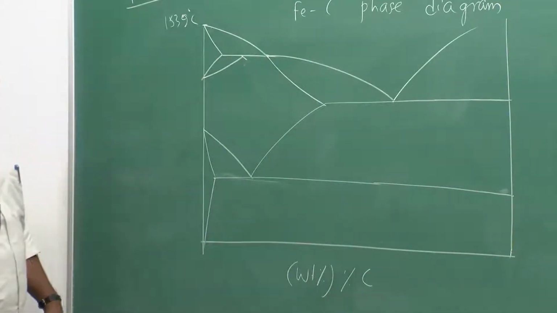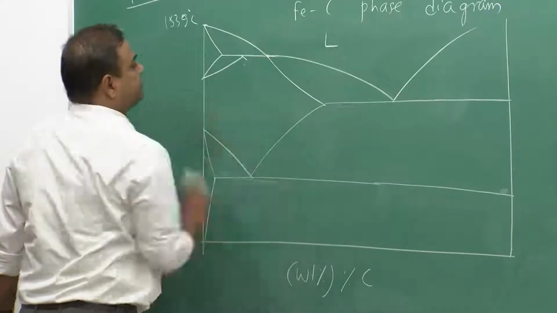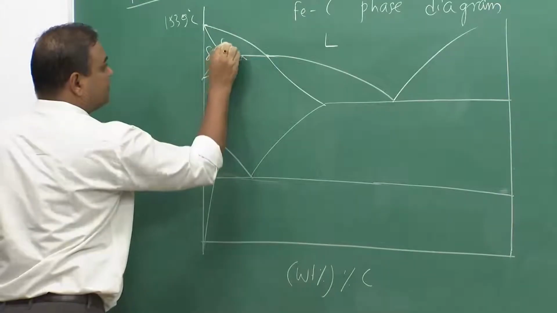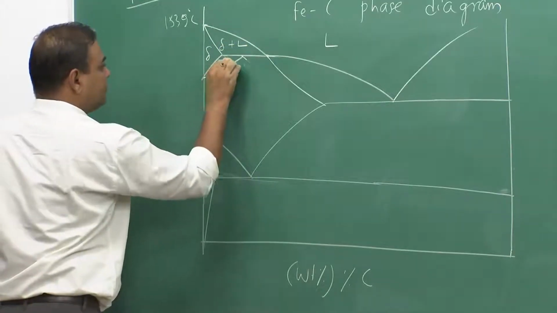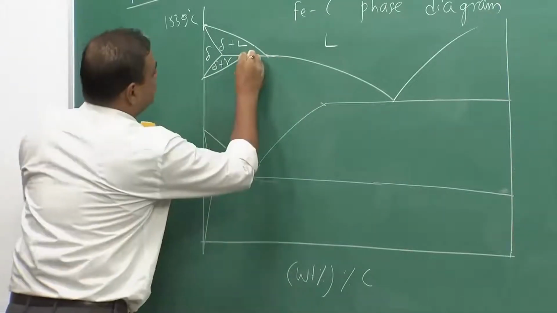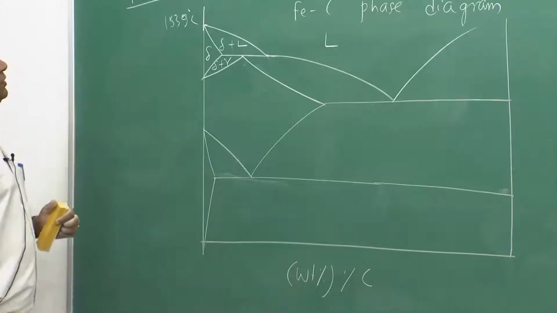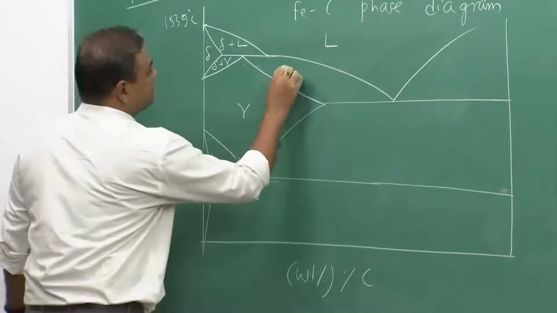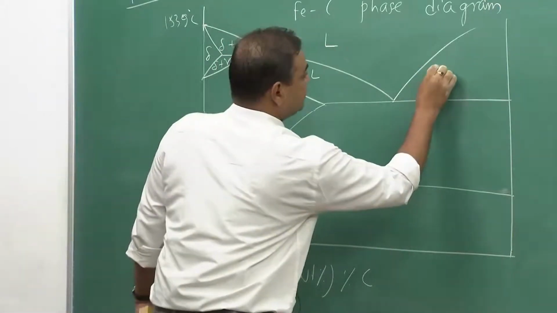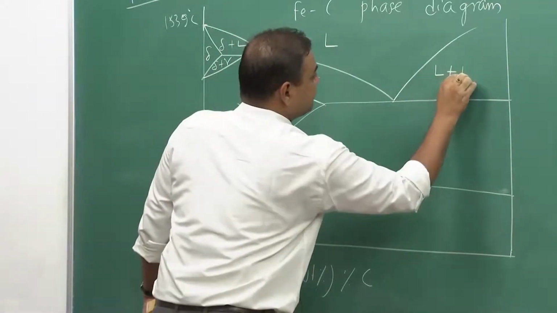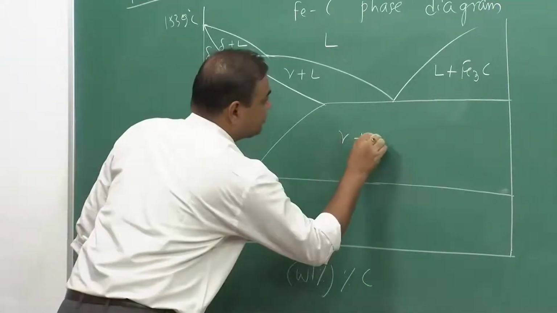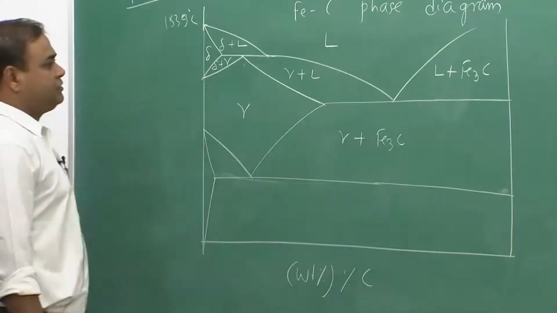The diagram looks like this, where this is liquid, this is delta, oops, sorry, we made a mistake here, so it would be here. Okay. So, this is gamma plus liquid, this is liquid plus Fe3C, and this is gamma plus Fe3C.